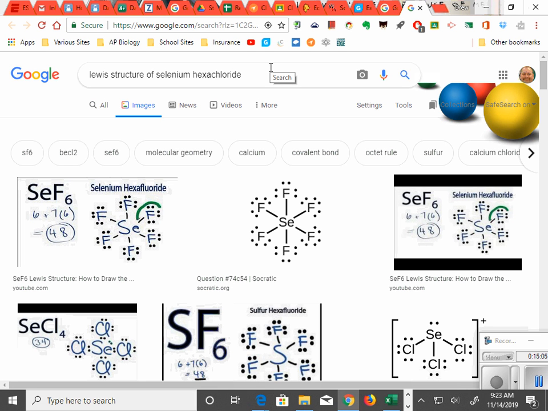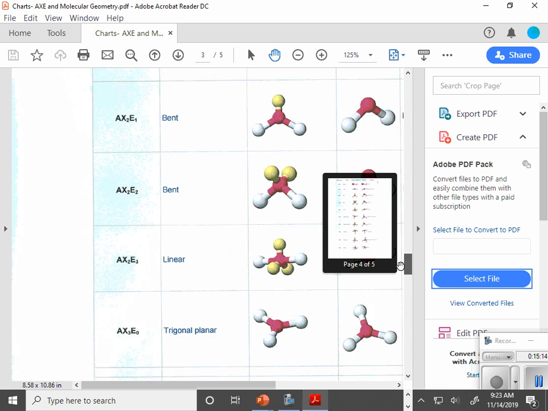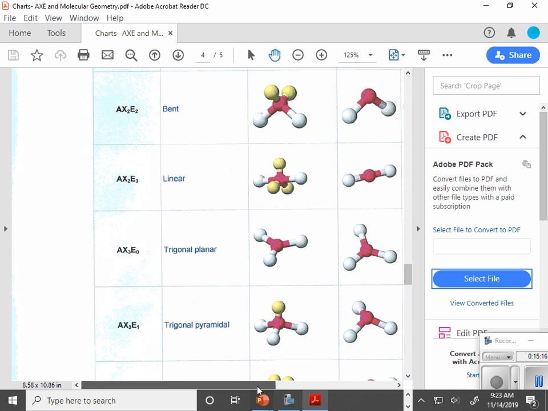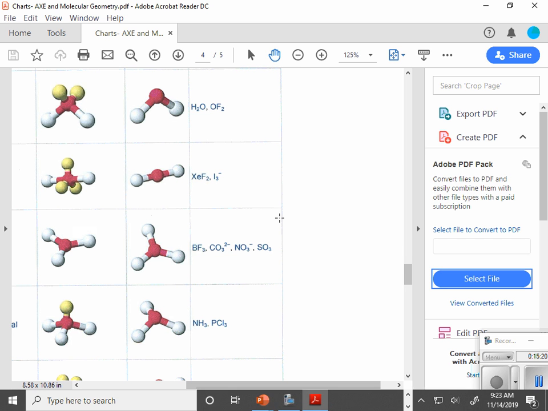I'm going to come back down here and pull up this diagram here. Now, what I'm looking at, out on the side here, I can see that we have different examples of this particular type of element.